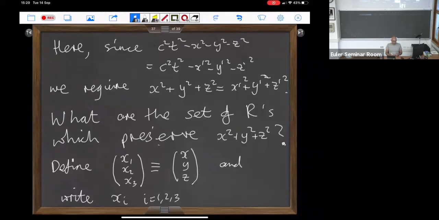So this subset of Lorentz transformations are the set of invertible 3 by 3 matrices that preserve x squared plus y squared plus z squared. Now we're going to start introducing some notation. Let's introduce an index i, which runs from 1 to 3. And x1 will be x, x2 will be y, x3 will be z.